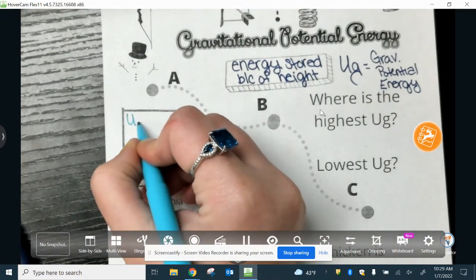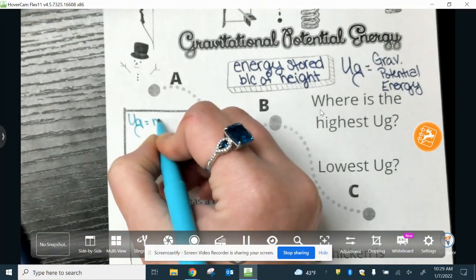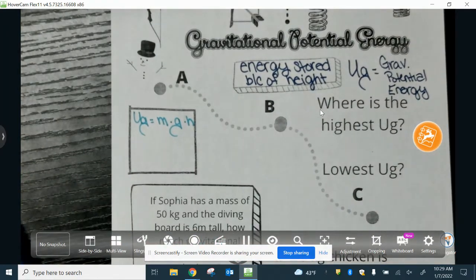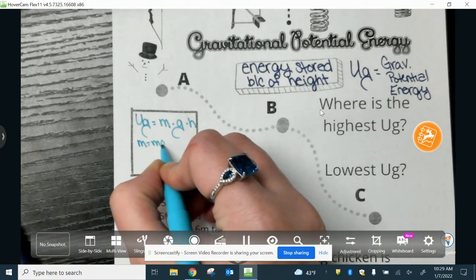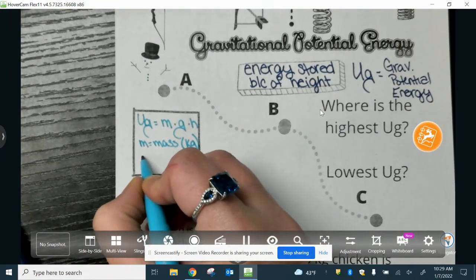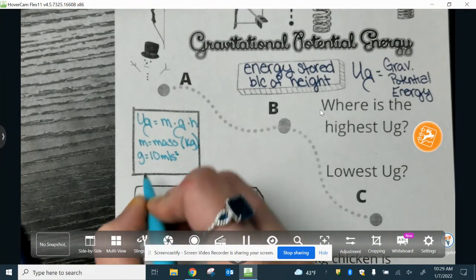So our formula is gravitational potential energy, UG, is equal to m times g times h. That's our formula. Mass times gravity times height. So m is mass, which we measure in kilograms. Gravity for easy math on Earth is 10 meters per second squared.